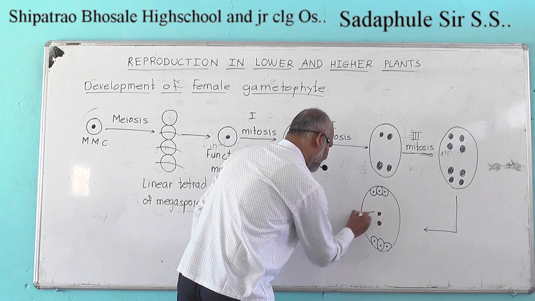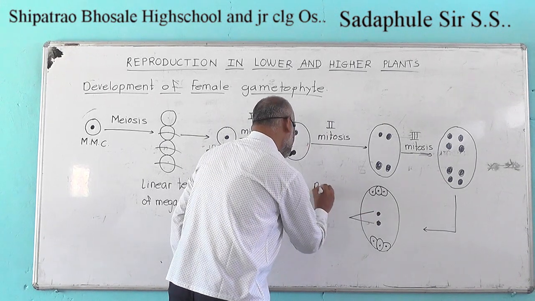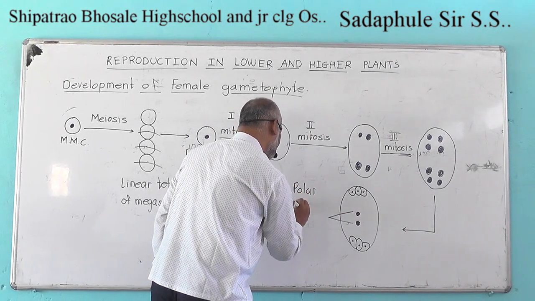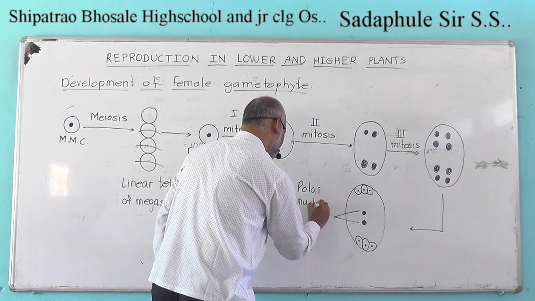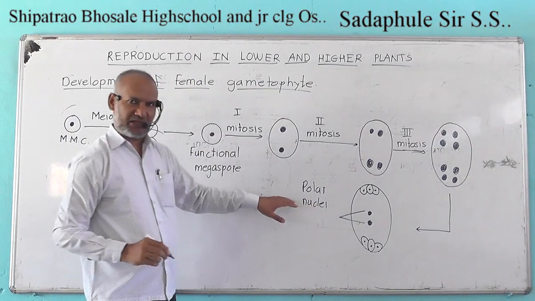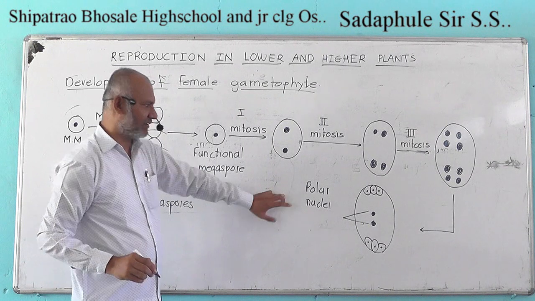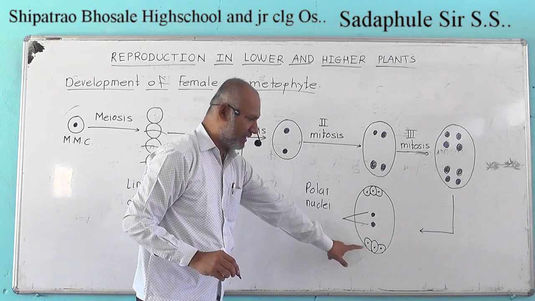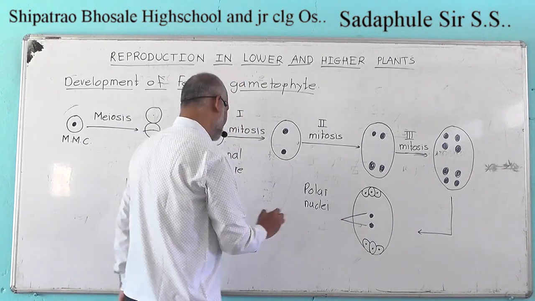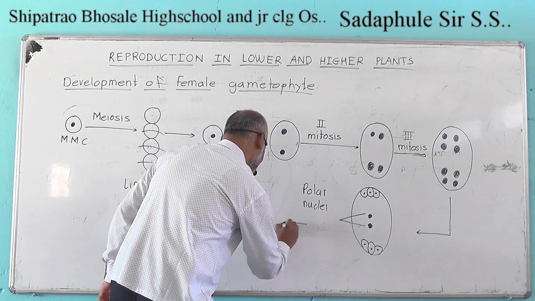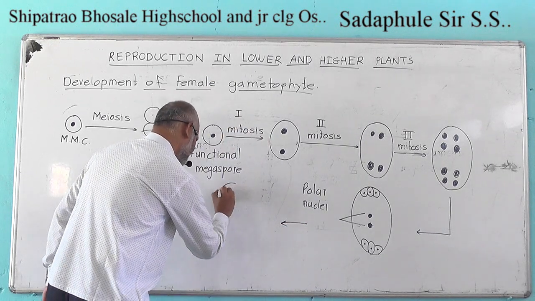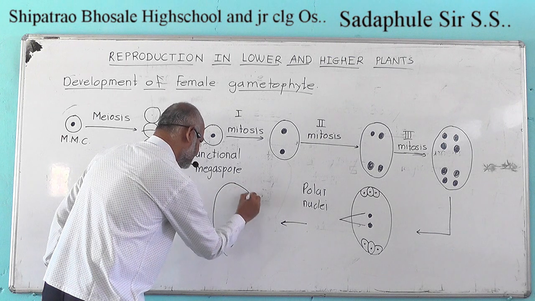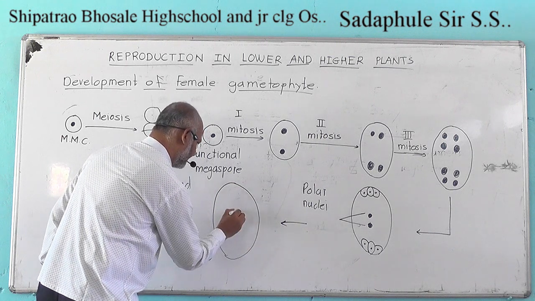These 2 nuclei are now termed as polar nuclei. It is termed as polar nuclei, antipodals and egg apparatus. And the final structure of the female gametophyte is like this.